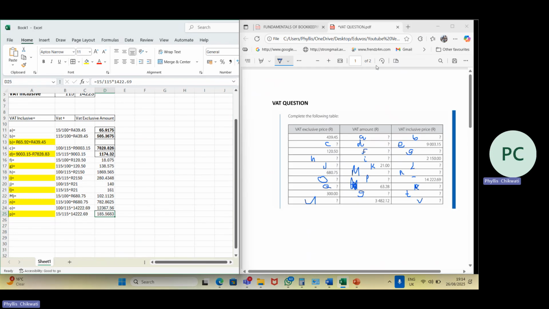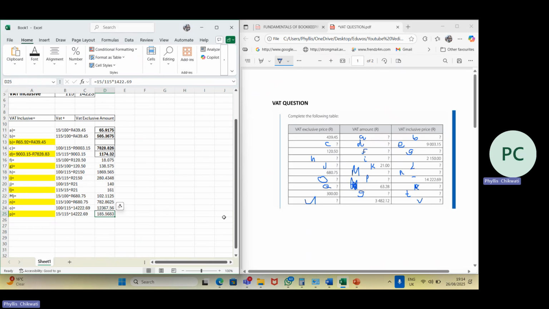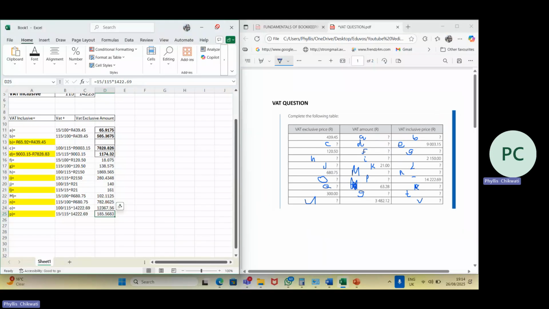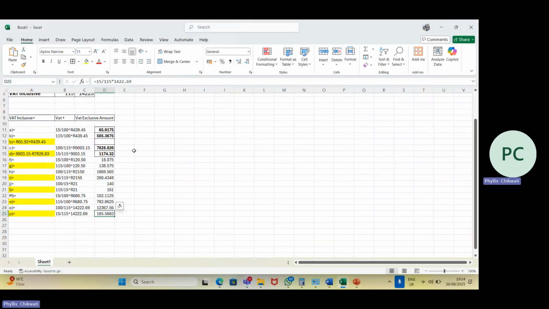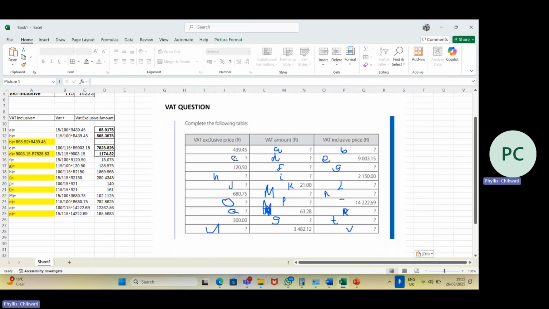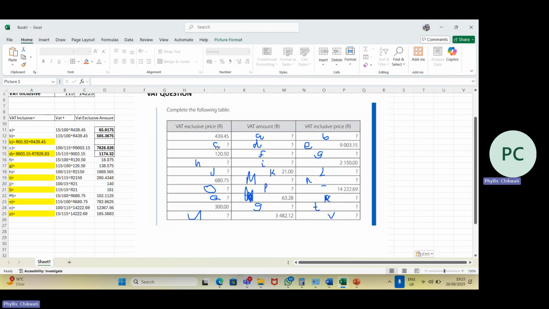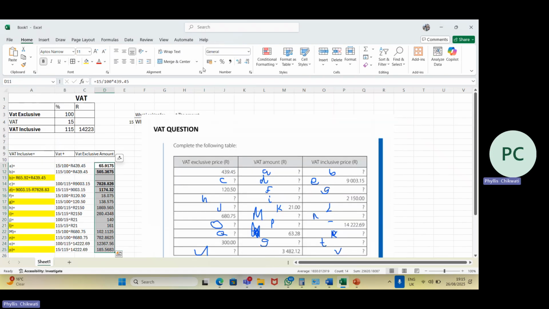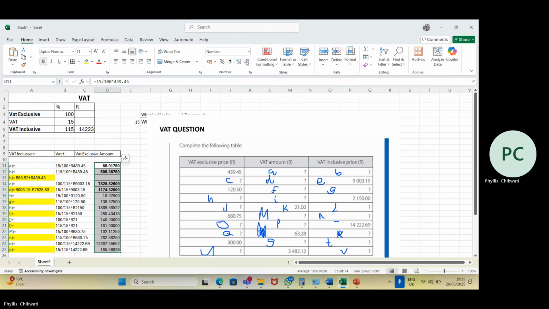Let me just copy the question too, so that it can be pasted together with the solution. So let's just do this, and then we put the question somewhere right here next to our solution. So let's move up a bit, because I need to also round this to two decimal places so that at least you know.